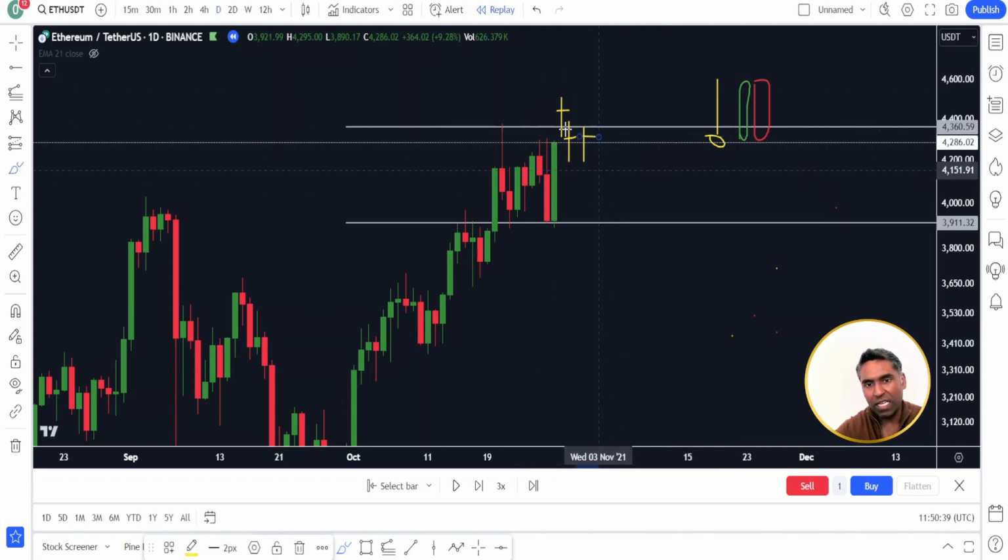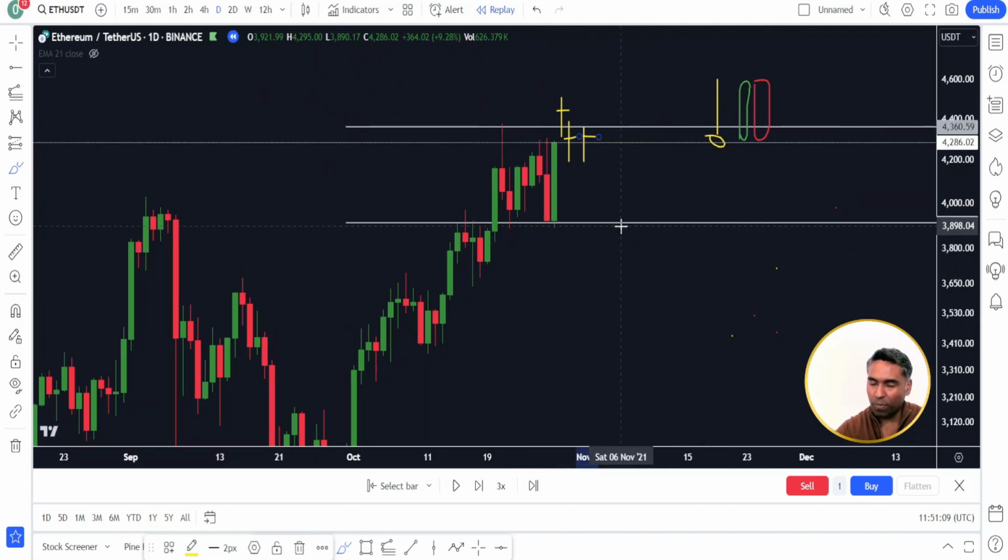If the price goes down and then gets rejected and closes above these levels or near these levels, these are actually strong signs that the price wants to move up. So we have a single candle structure, a two candle structure, and a multiple candle structure where we observe wicks of the candle.